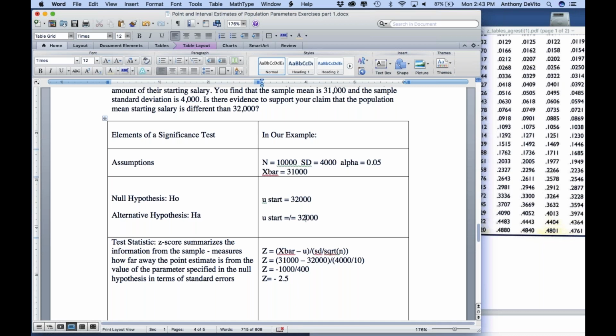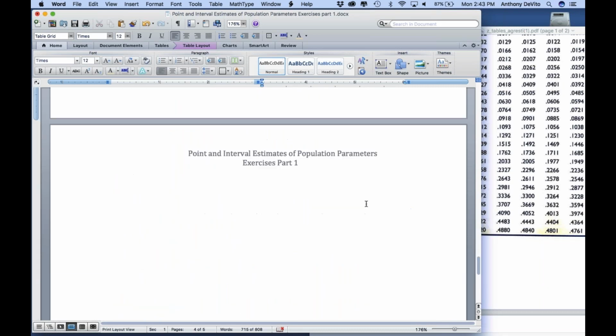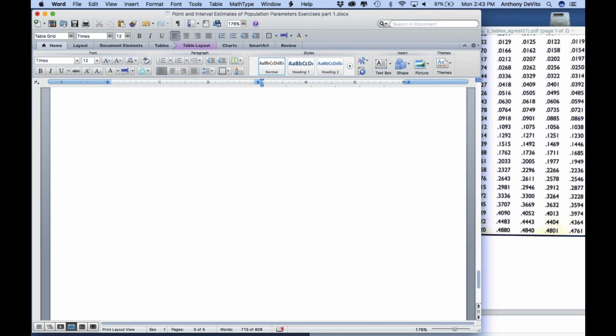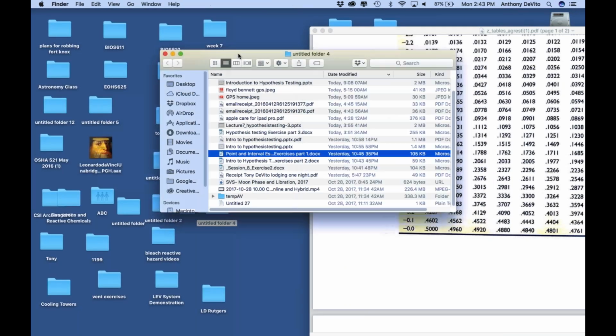It's something different than 32,000. Okay? This is typically the way that you're going to work through a single sample t-test. Each one of these steps we just took pretty much is going to universally apply to single sample t-tests.